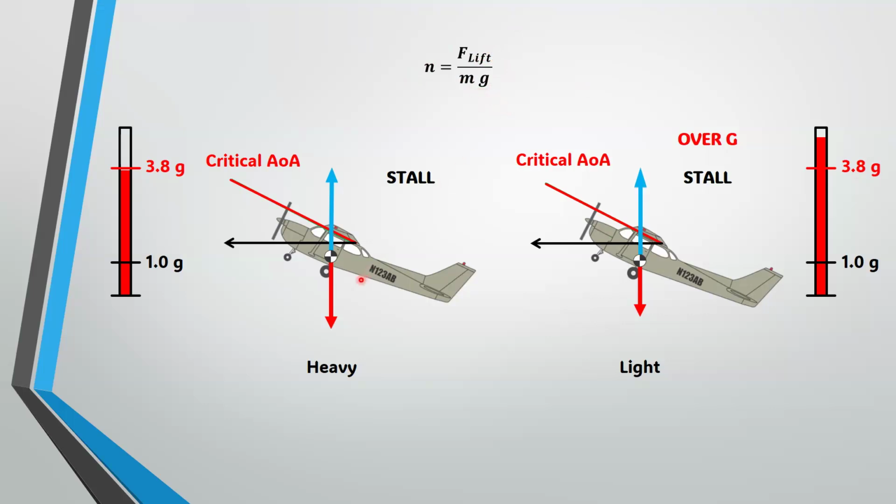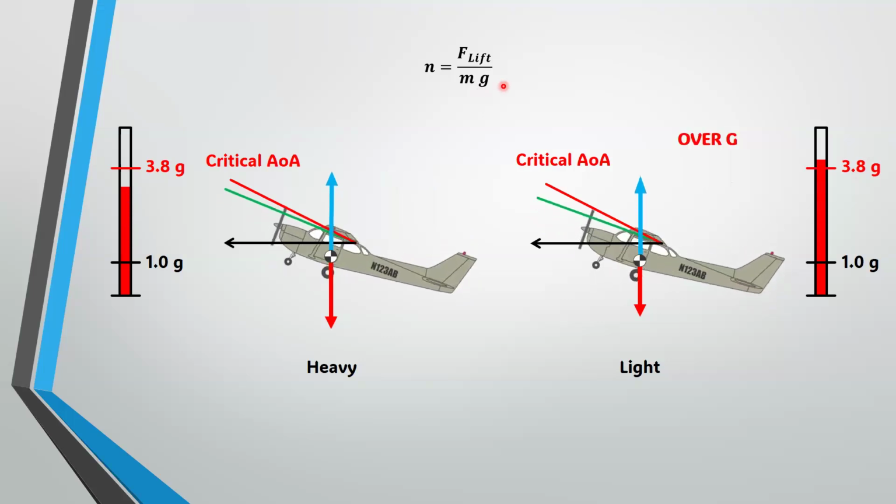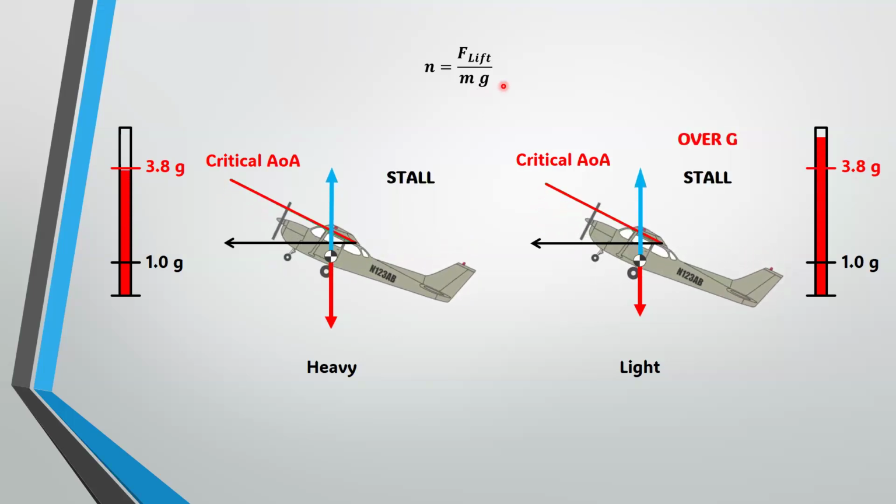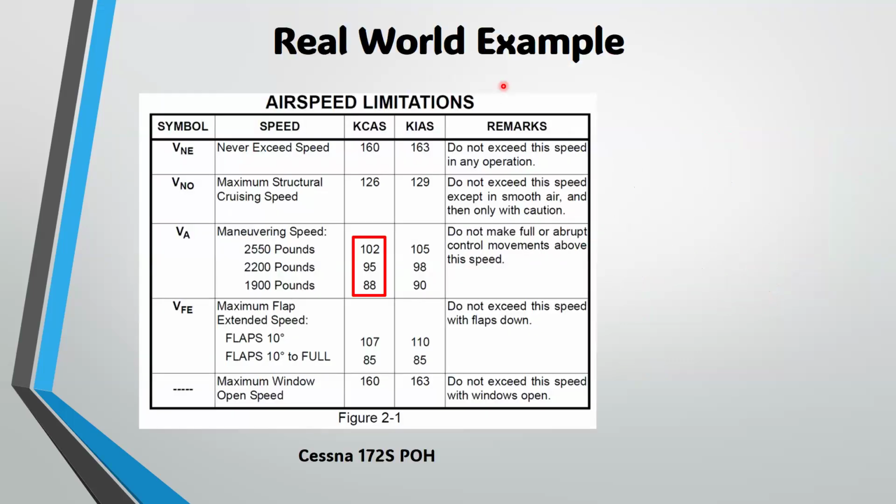However, the heavy airplane has more weight to offset that force of lift. And that's why a heavy airplane can fly faster, and it will not exceed its load factor at the same airspeed as the light airplane. So let's look at the real world example.